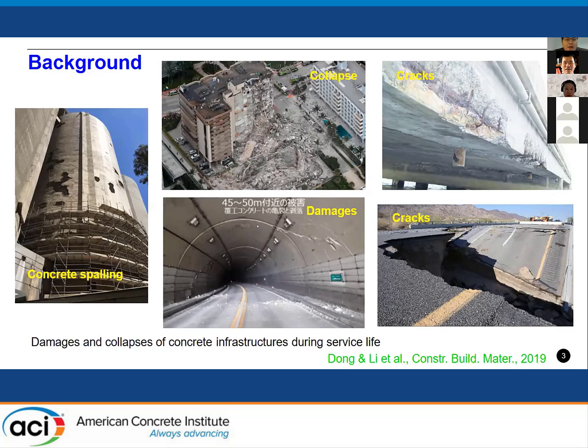Under external loading or environmental actions, the electric resistivity of cement-based sensors changes due to damages such as cracks and large deformations. In this way, we can use cement-based sensors to evaluate the health condition of concrete infrastructures.